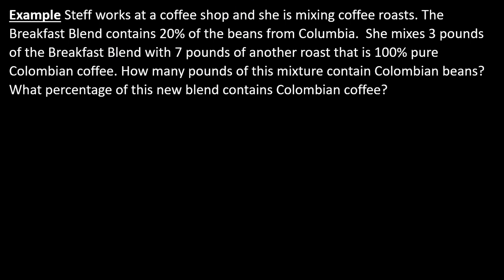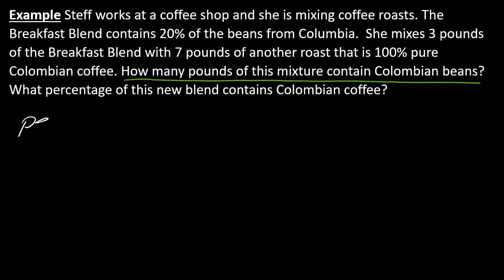So let's talk about how to set this up. So the first question I want to get to is this one. How many pounds of this mixture contain Colombian beans? So let's reread this. The breakfast blend contains 20% of the beans from Colombia. So she's got 3 pounds and 20% of that are going to be the beans from Colombia. And then she's got the other amount, 7 pounds, and that's 100% from Colombia. So I'm going to set this up literally the same way.